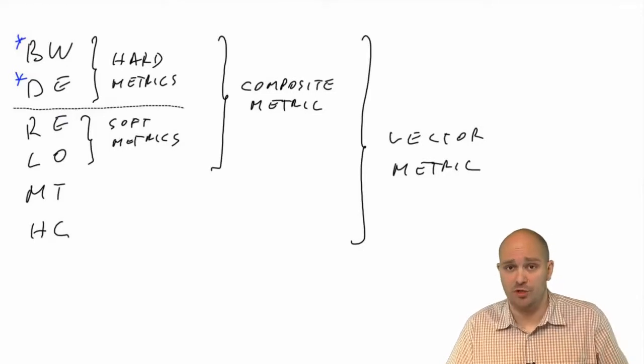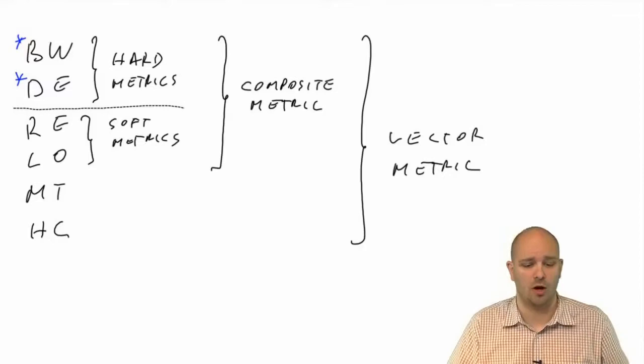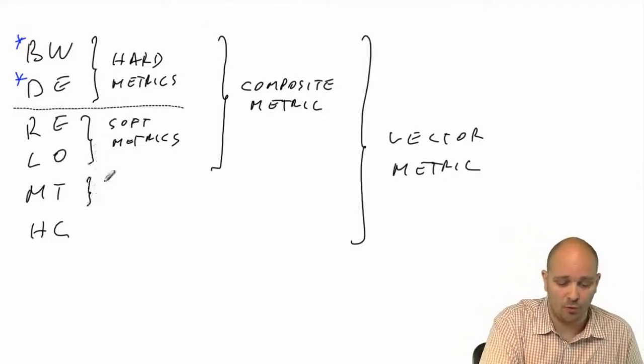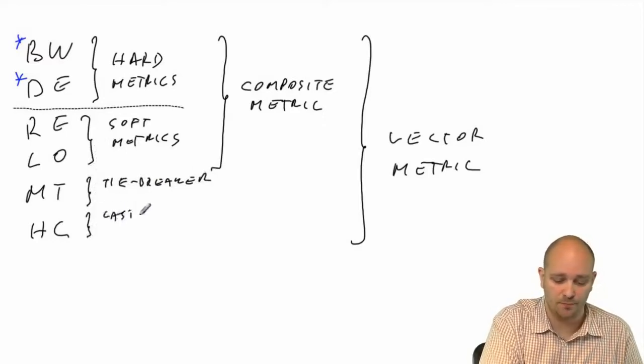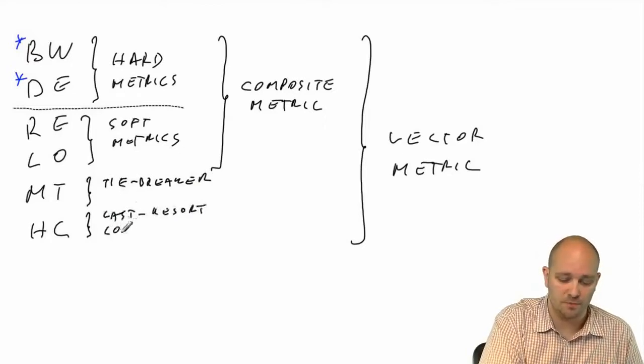Now, mind you, a reconvergence event is also an interface coming up or an interface going down. That is also a reconvergence event. Now, MTU, as we learned before, is going to be used as a tiebreaker. And hop count is going to be used as the last resort loop prevention.